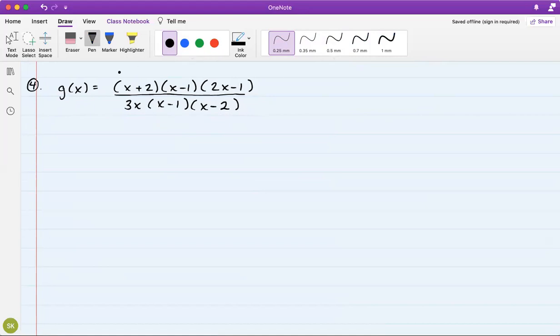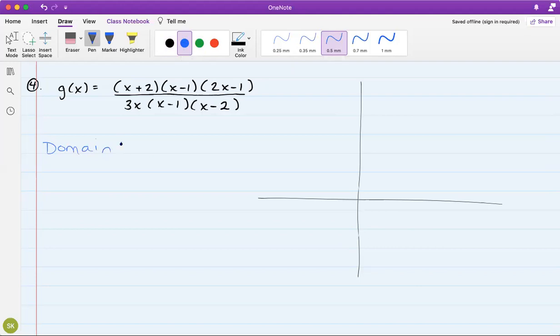We actually graphed it on the graphing calculator, but now we're going to graph it by hand without looking at what we did before. So we're first going to start by just drawing this plane here. And let's see what we notice about this function. Okay, so the domain, what values can we not equal?